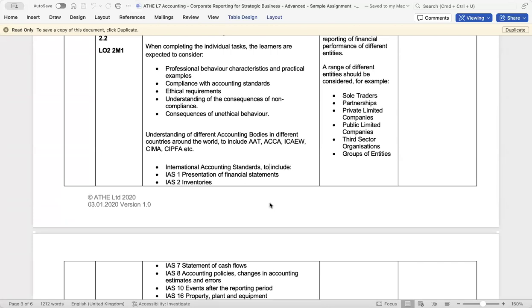Professional competence and due care: accountants must maintain professional knowledge and skills at the required level and act diligently according to applicable technical and professional standards.